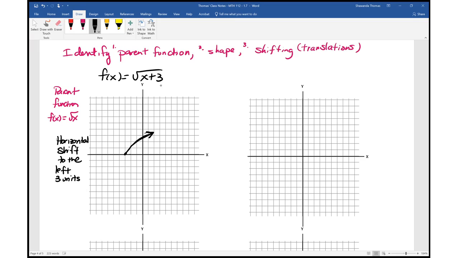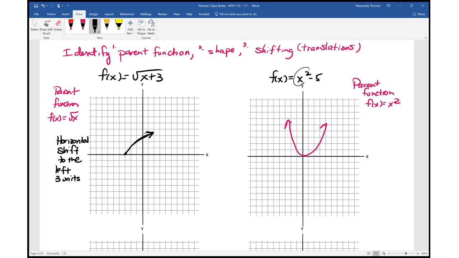What about f of x equals x squared minus 5? What is the parent function? The parent function is the quadratic function, f of x equals x squared. How does it look? The shape looks like a U, like that, a parabola. However, we have some shifting. Is this vertical shifting or horizontal shifting?